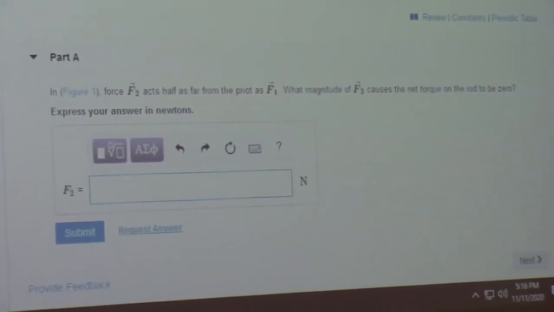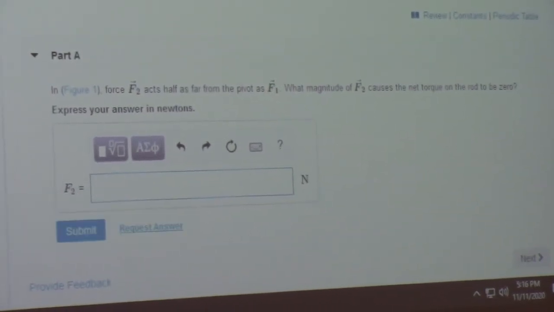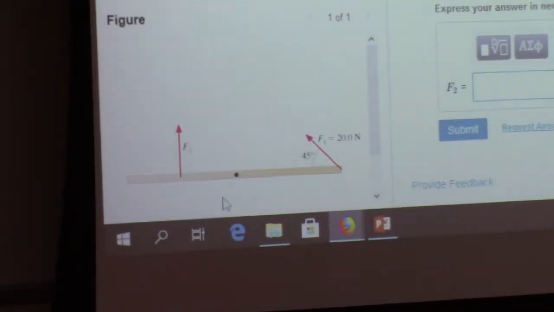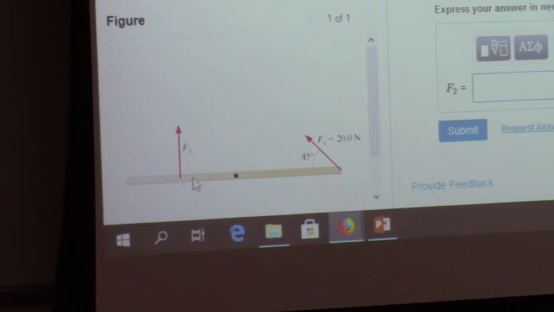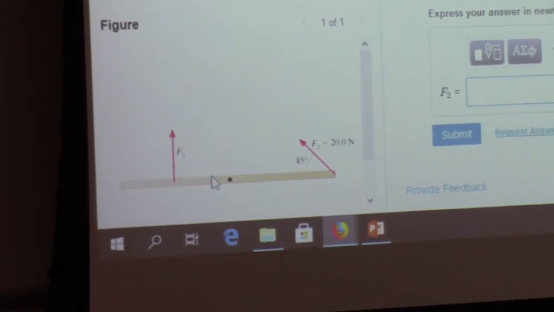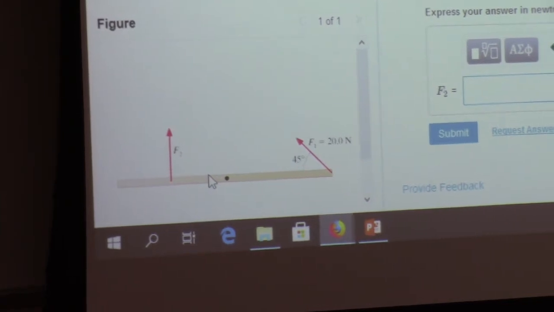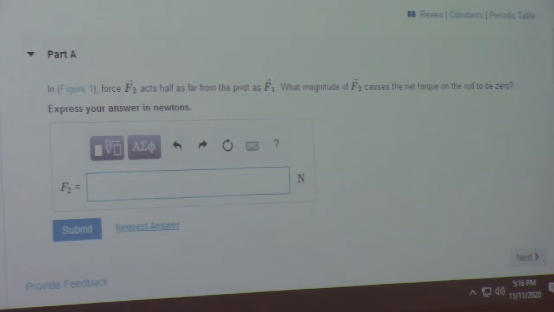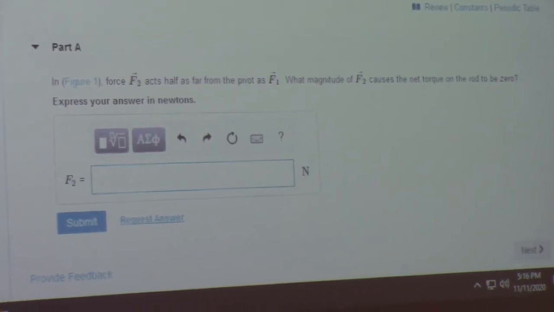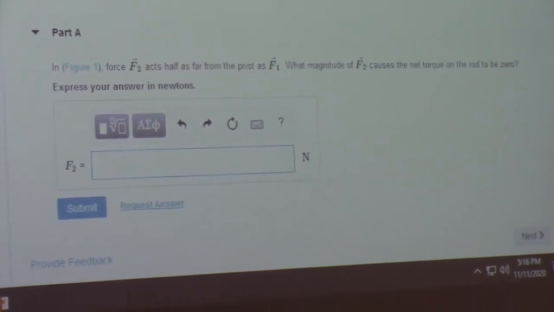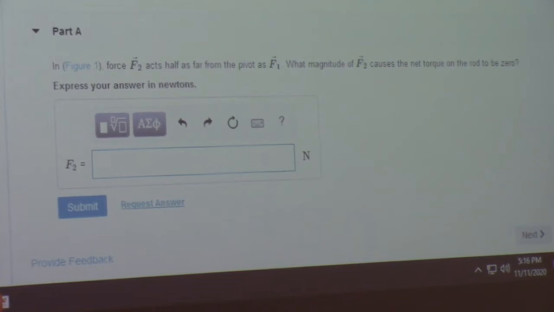So we don't know how far this distance is, we just know that this distance is twice as big as this one. Those forces and the torques they provide make it rotate in opposite directions, so they're fighting with each other. What magnitude of F2 causes the net torque to be 0? Torque is related to force, but where is the force applied? What's the angle between the force and the lever arm?